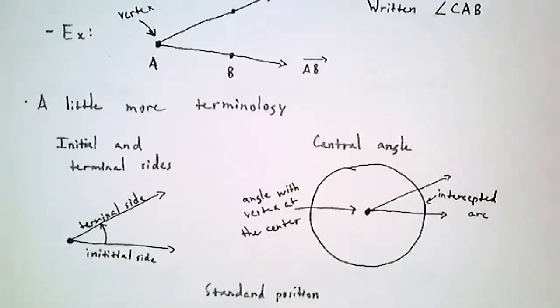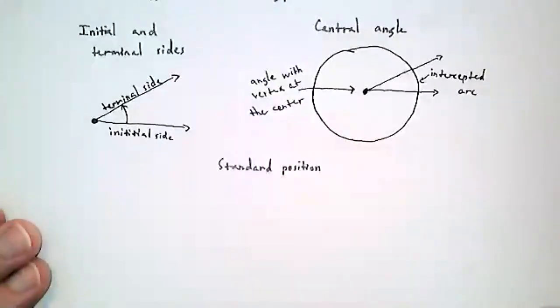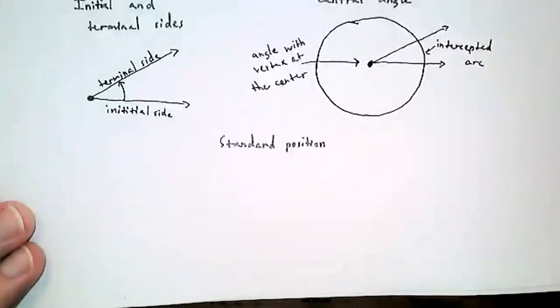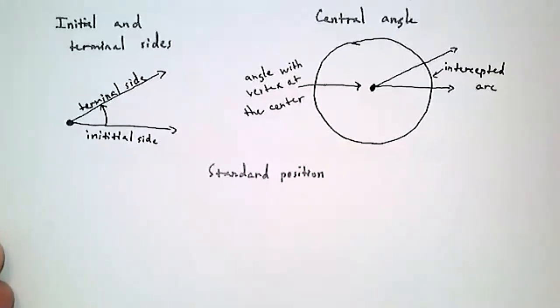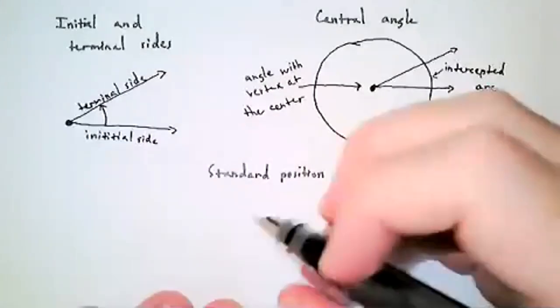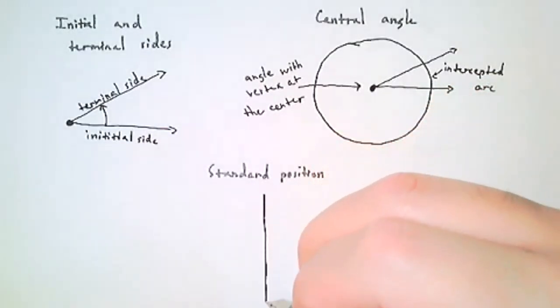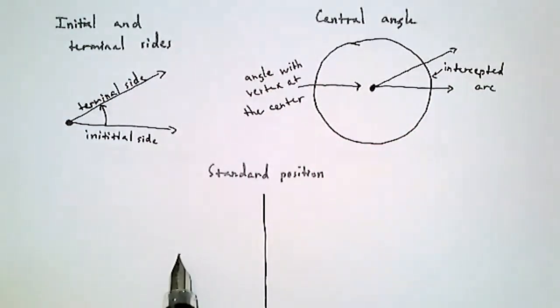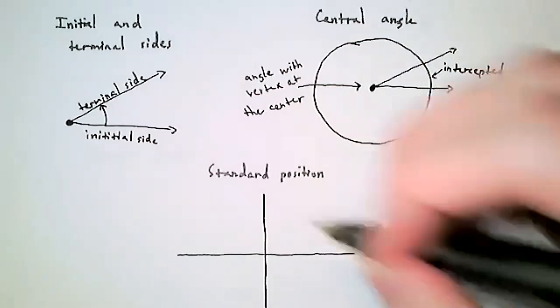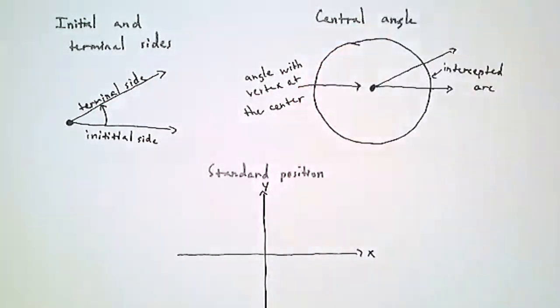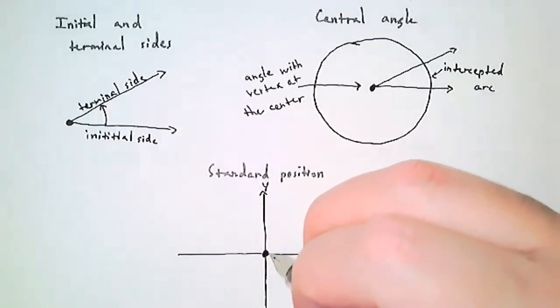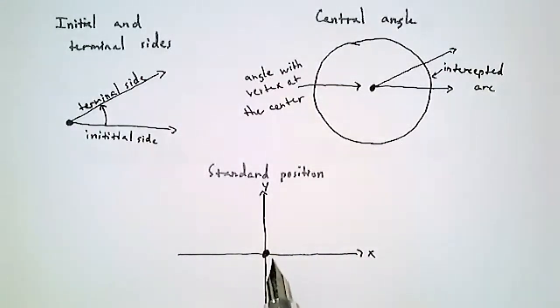And other than circles, we often look at the two-dimensional XY plane when we're doing geometry. And this is related to the standard position of an angle. So we can just start by drawing the XY plane, like so. And an angle in a standard position is one that's centered, or it has its vertex at the origin.